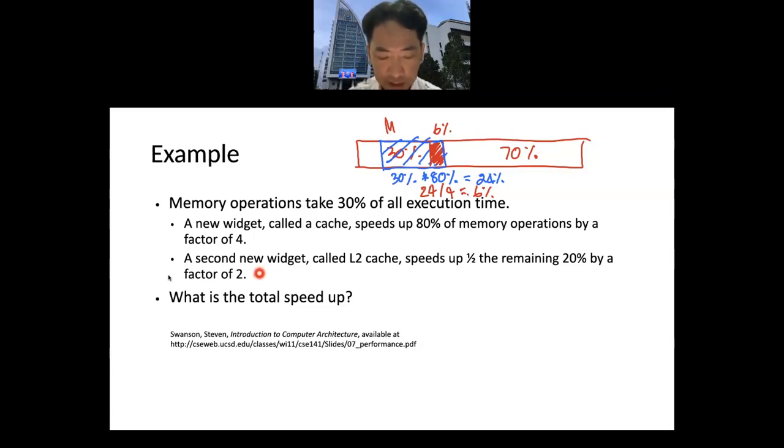And how about the next information here? The second new widget called L2 Cache speeds up half of the remaining 6% by a factor of 2. This is the remaining 6%. So half of this.